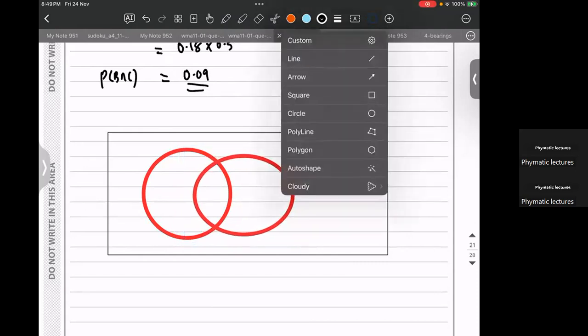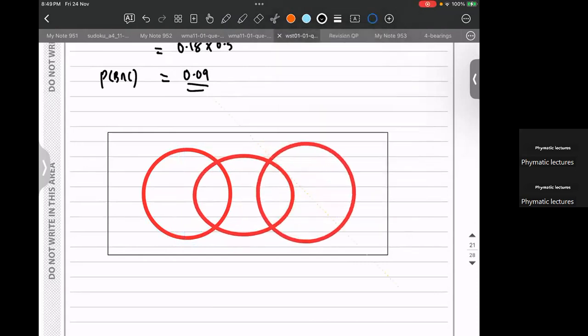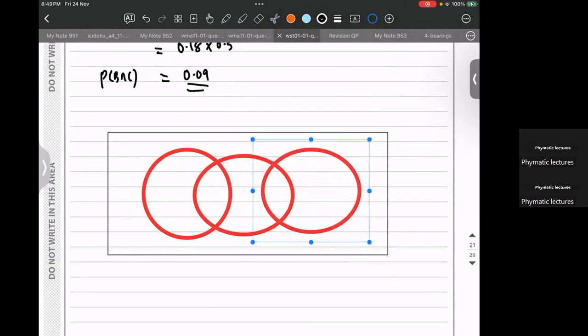This is event B, then this is event C. So why are we not drawing in the usual way?